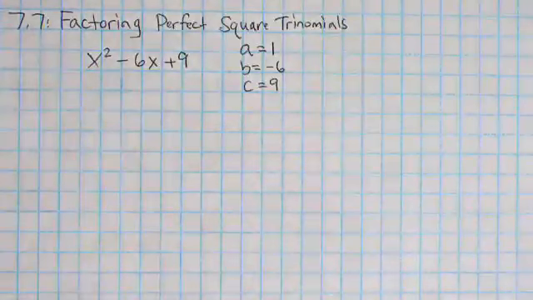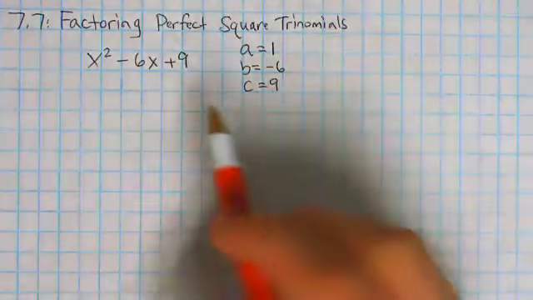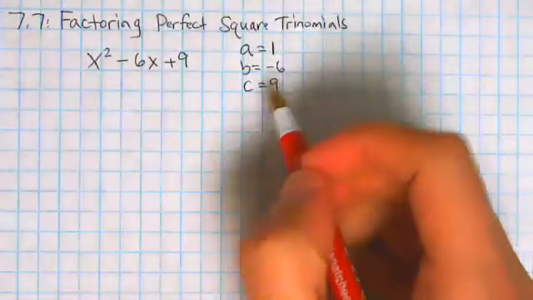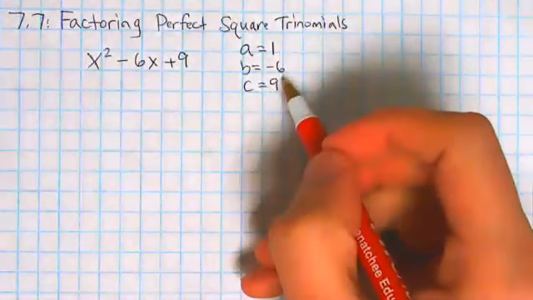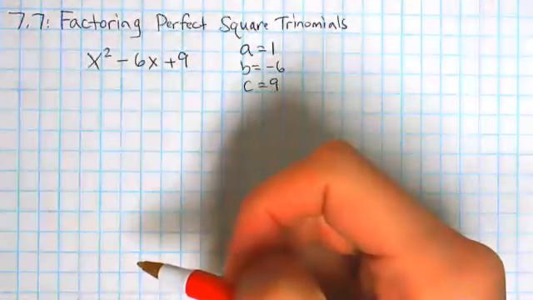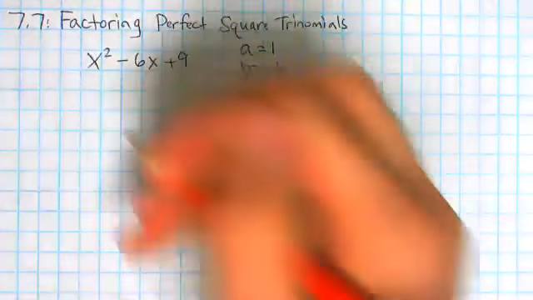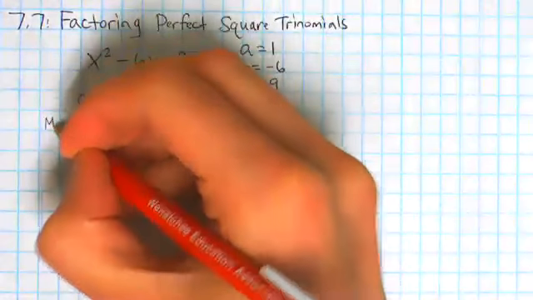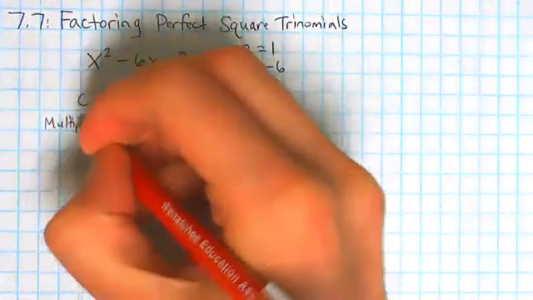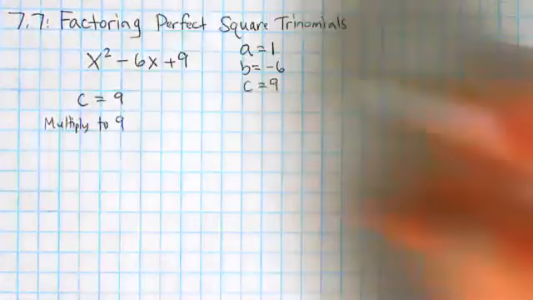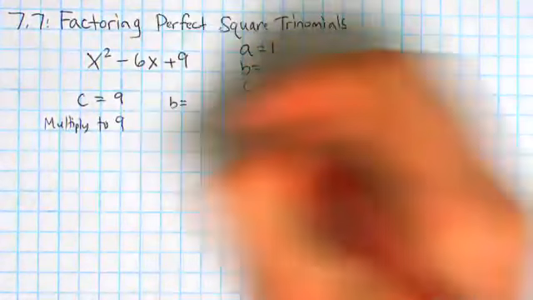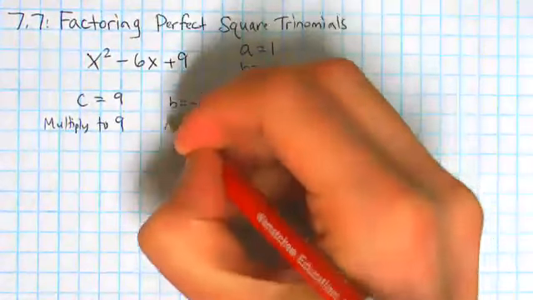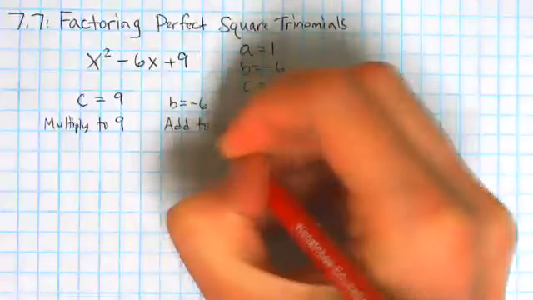So what we can do here is take this a, b, and c, and normally we would use a times c, but a times c just equals 9, which is c. So for this one, with our c equal to 9, we need to multiply to 9. And for our b equal to -6, we need to add to -6.